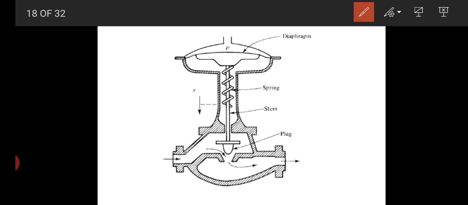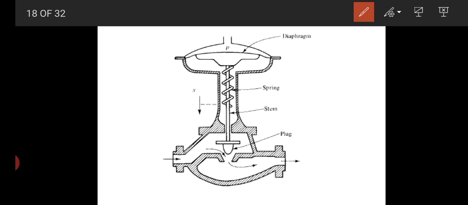Third, the first force is F, in terms of pressure. The second force is in terms of the spring, and the third force is in terms of the frictional force. This damping force is given as B into V, where the velocity is nothing but dx by dt.